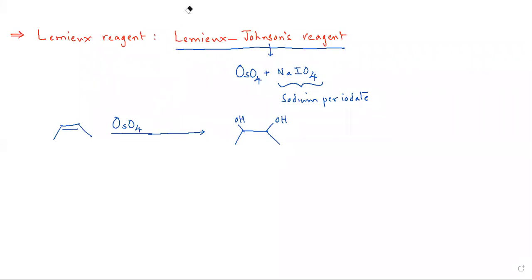But with this, we have already seen it's a syn hydroxylation reagent, the first step. Now, in the second step, if iodic acid is considered with osmium tetroxide, it becomes periodic acid. When this periodic acid is used, let me show you what happens.